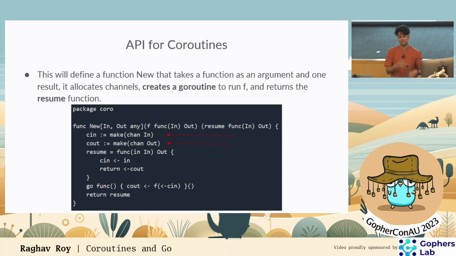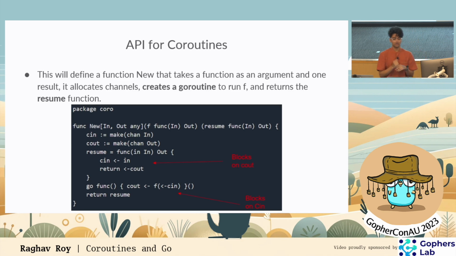So yeah, just some code over here. You have this function new that instantiates a new coroutine, and you're instantiating these new channels, these unbuffered channels. And what we've already discussed, your coroutine is running like a Go function that's actually blocked on cin, while your resume is blocked on cout.